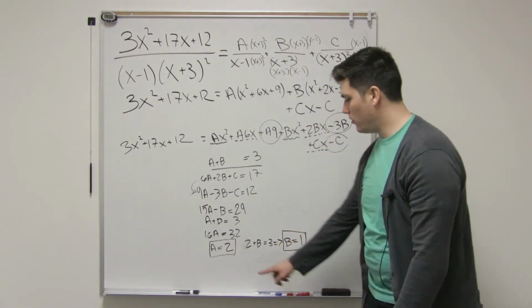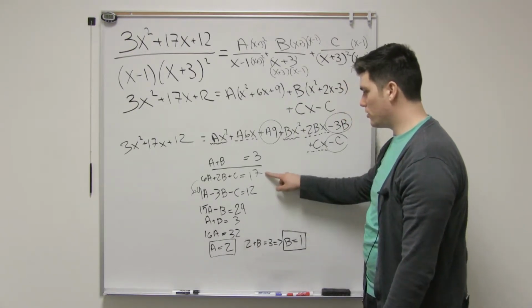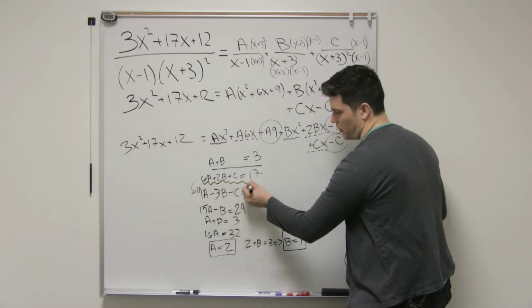And now we know what a is, we know what b is. Let's plug it in to this equation to find c. So I'll do a wavy line.